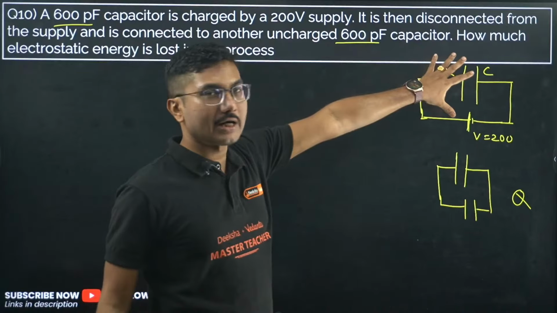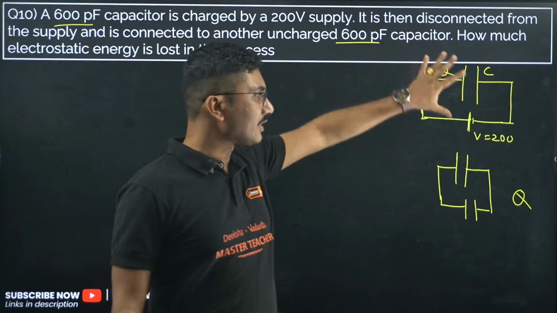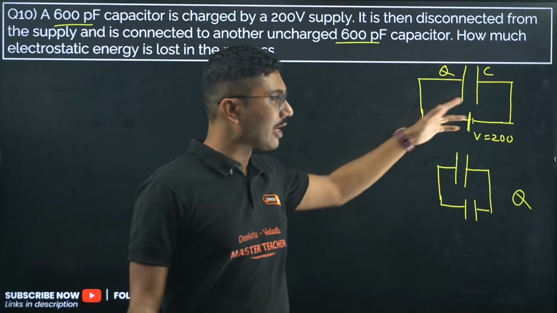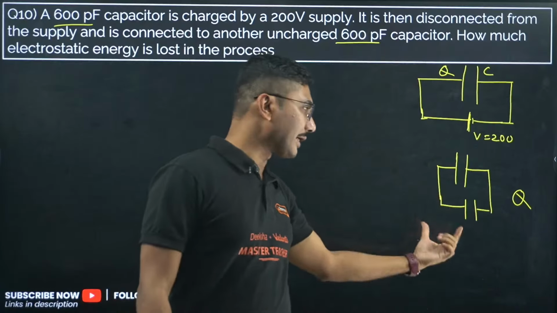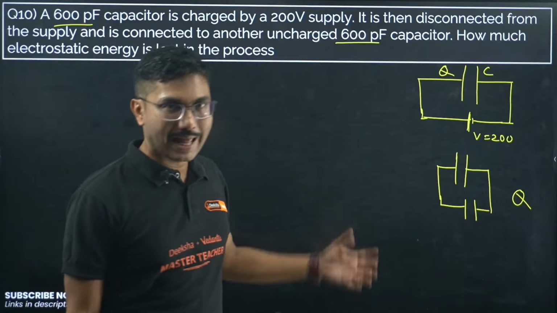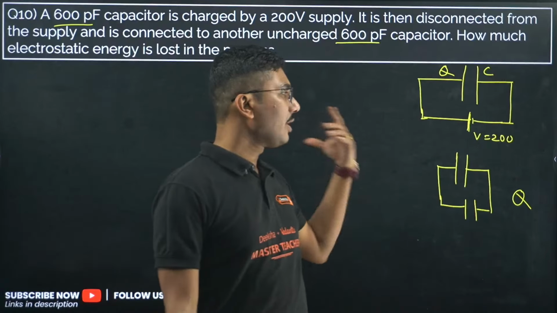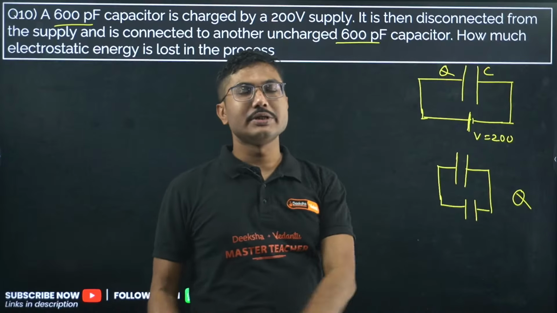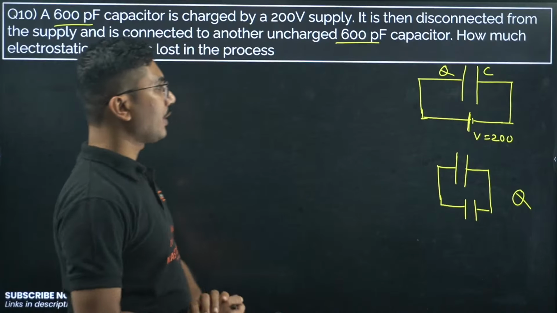Whatever charge is stored in this capacitor will remain constant in this system as well, even if you have removed the battery and connected it to a new uncharged capacitor. The total charge will still be constant.